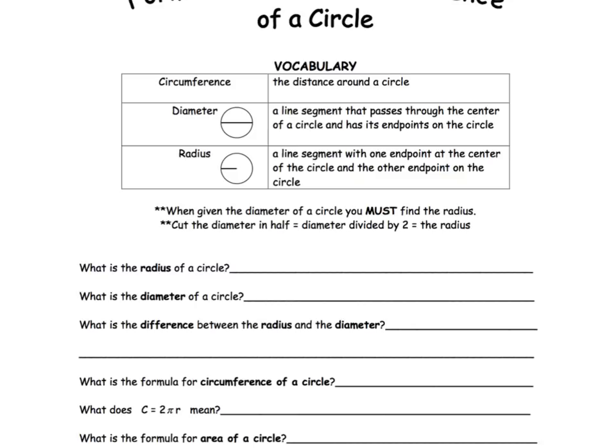What is the radius of a circle? It is the diameter divided by 2. Radius equals d divided by 2. What is the diameter of a circle? It is 2 times the radius.